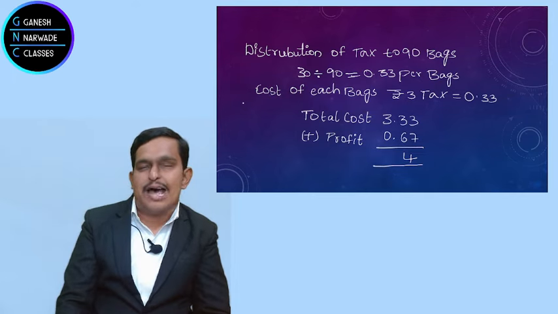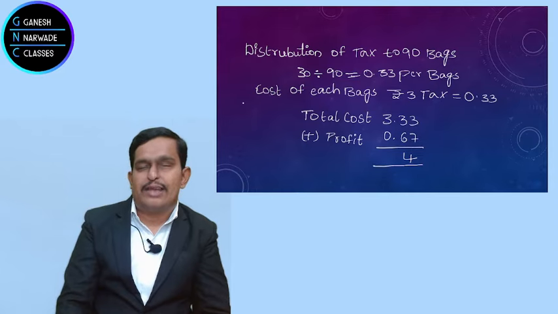Okay. Now, how will he calculate his sale price? See, first the bag cost him 3 rupees. Then he added the taxes, 0.33. So what is the total cost? 3.33, right? The purchase price, which cost him 3 rupees per bag, plus taxes 0.33, which he apportioned, distributed to the 90 bags, right? 30 divided by 90 we did, correct?